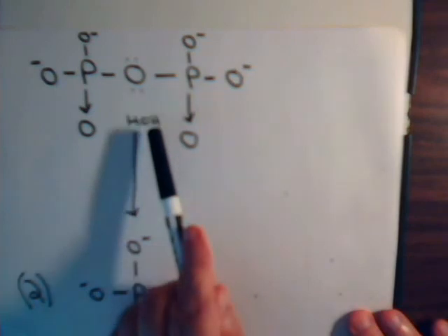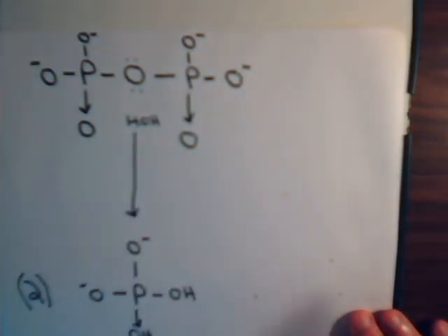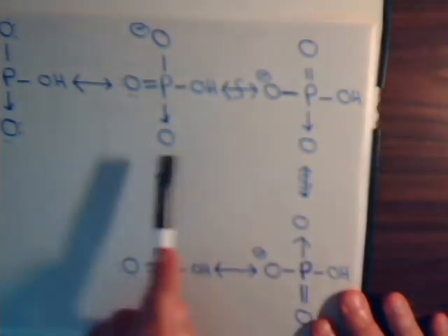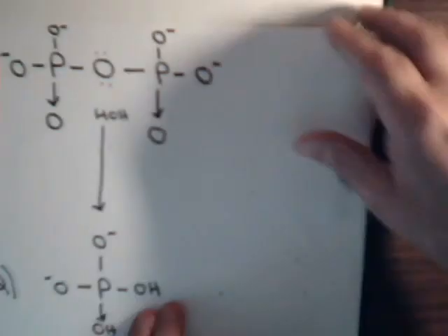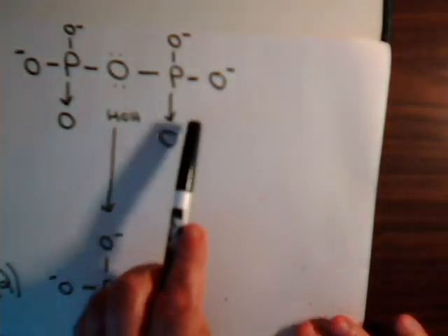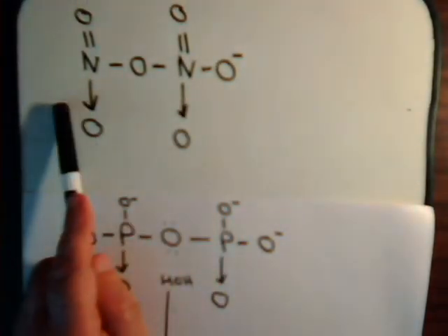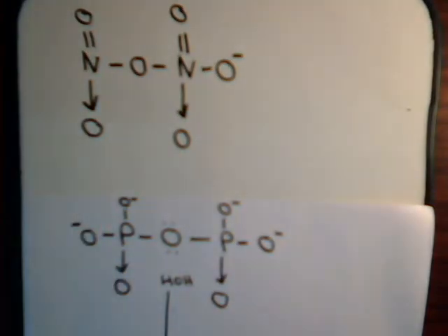So when we have this in water, its tendency is going to be to form two phosphate anions, which in turn are stabilized like this. So what all this means is that it's possible to form this in aqueous media, impossible to form this.